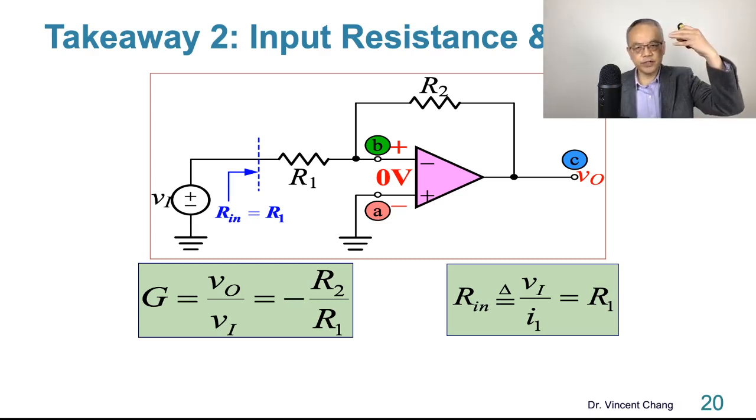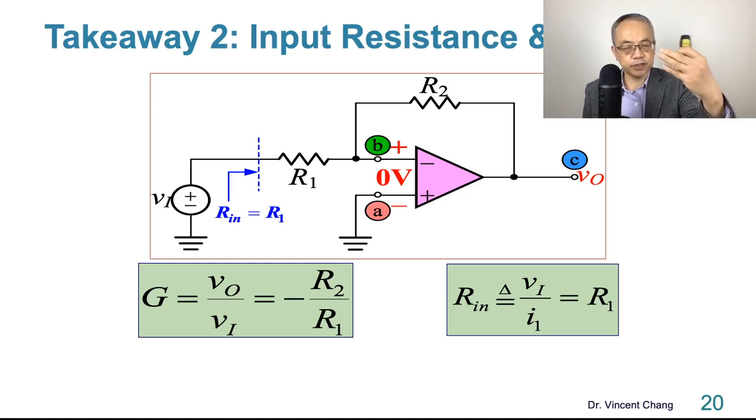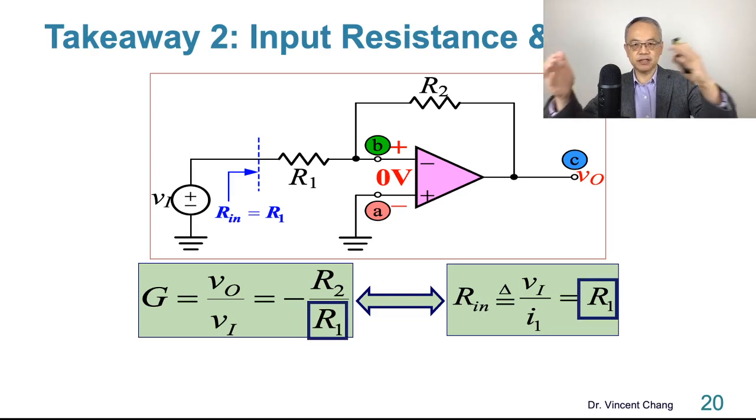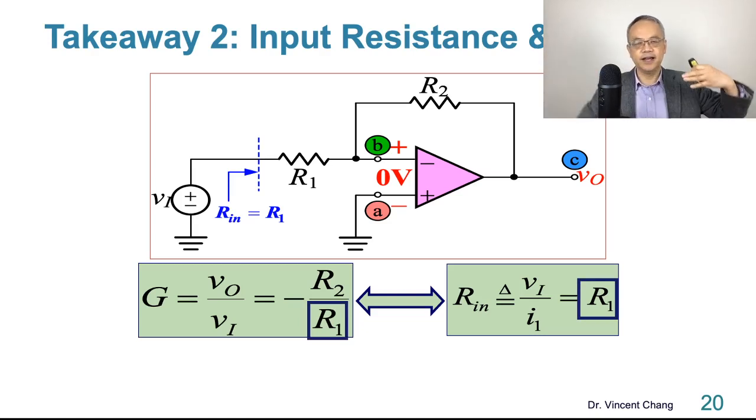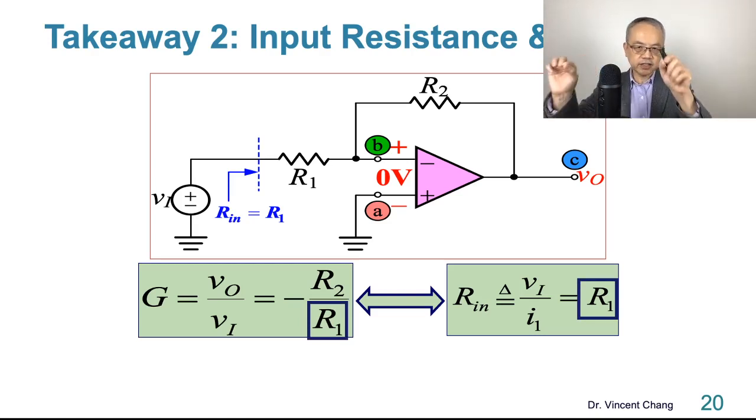Because if you want to increase the input resistance, R1 should be as large as possible. But R1 happens to be in the denominator of the gain. They conflict with each other when you pursue high gain and high input resistance at the same time. So if you are a designer using this circuit, you should have a mindset of trade-off.